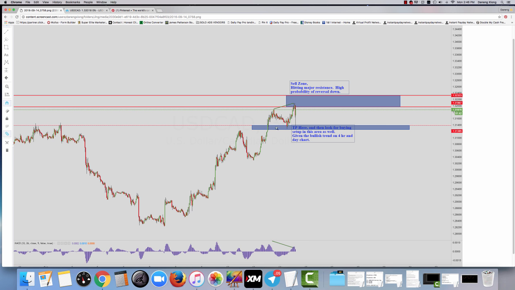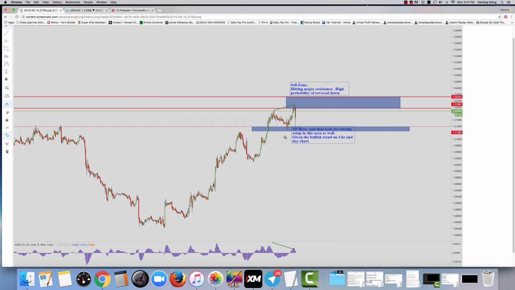Down here, I also have this blue shaded area where I mapped out a high probability area of it reversing back up. Although this is a daily chart resistance area, and most likely price will reverse down, you have to keep in mind that this is a very bullish trend.